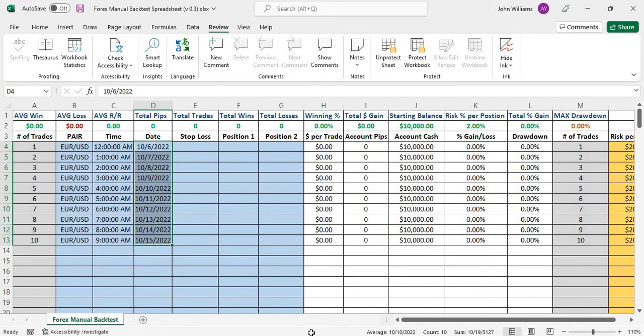Alright, good to go. A very important bit of data to enter here is your stop loss. Based on my research to create this particular spreadsheet, I came to find out that your stop loss is also referred to as a stop order or a stop market order, and is basically used to limit your losses.